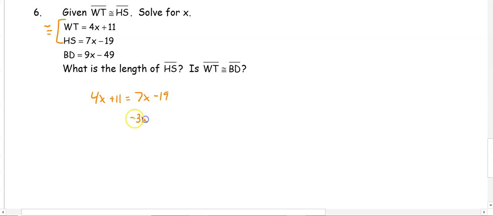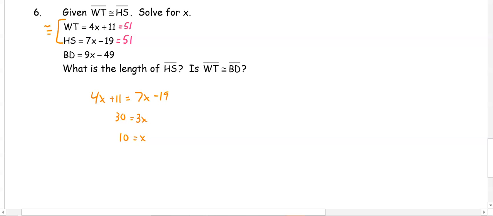So we get 3x is equal to 30, x is 10. If we go and find our lengths, HS is the one that it wants us to find. So 7 times 10 minus 19 is 51. WT is 4 times 10 plus 11, which is 51. It should make sense that those two are the same since they are congruent.